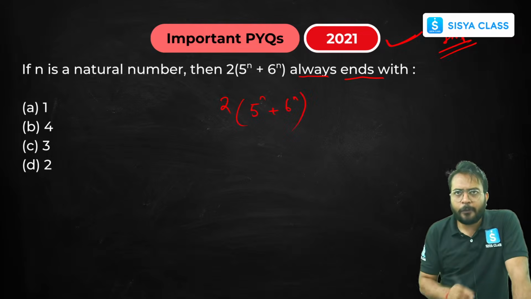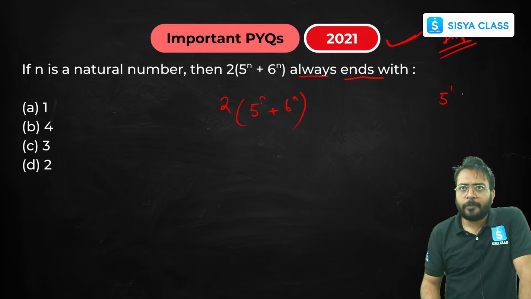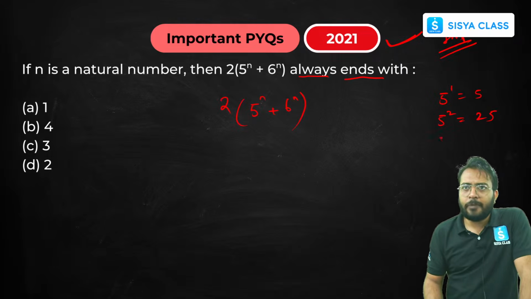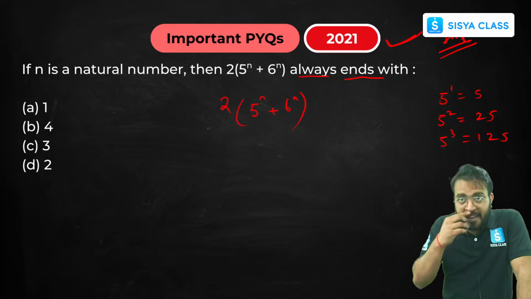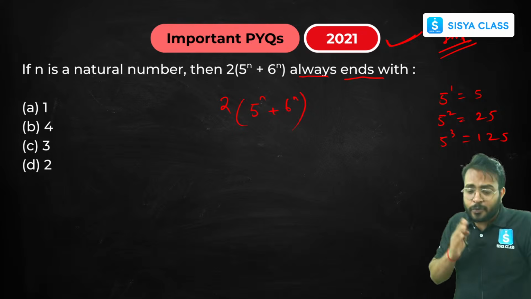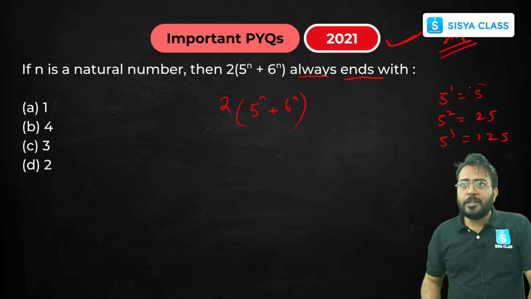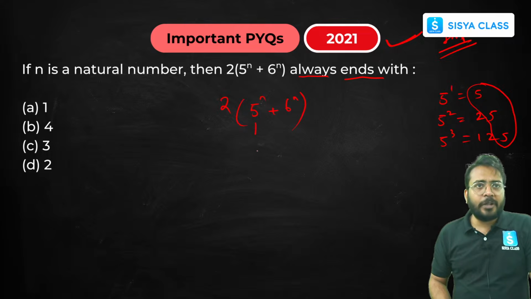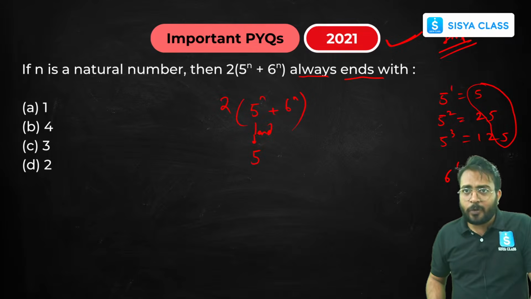If you have observed one thing, beta, 5 to the power 1 is 5, 5 to the power 2 is 25, 5 to the power 3 is 125. Whether you take a whole number or a natural number as the power, it is always going to end with 5. 5 to the power n always ends with 5. In the same way, 6 to the power 1 is 6, 6 to the power 2 is 36.